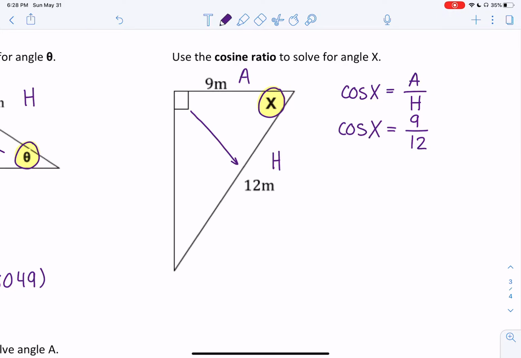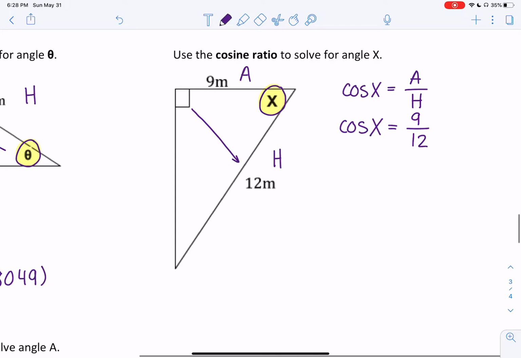Now I'm just going to divide 9 by 12 in my calculator to get a decimal. So 9 divided by 12 will give me 0.75. That doesn't make any sense for an angle. It's way too small, and it's very unlikely that that's the right answer. So we need to do one more step.